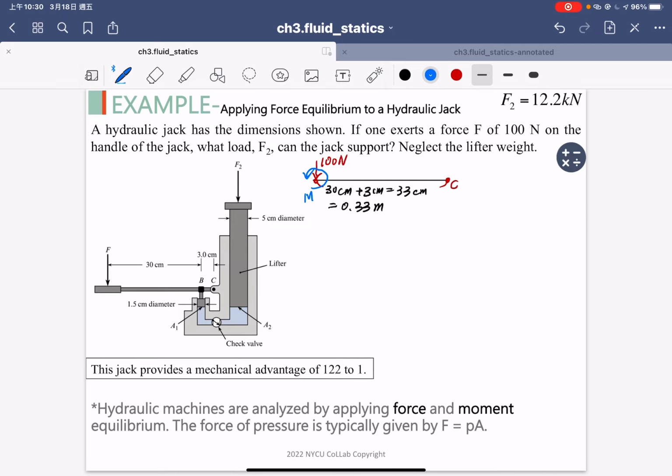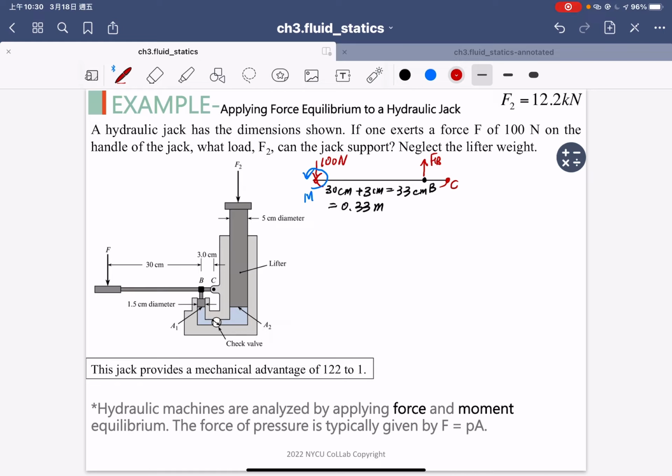Okay, and if you focus on another point, B, this is the B point showing here. Because we apply the force downward, we will have a relative force upward at the B location. So in here, we have another force, upward FB.